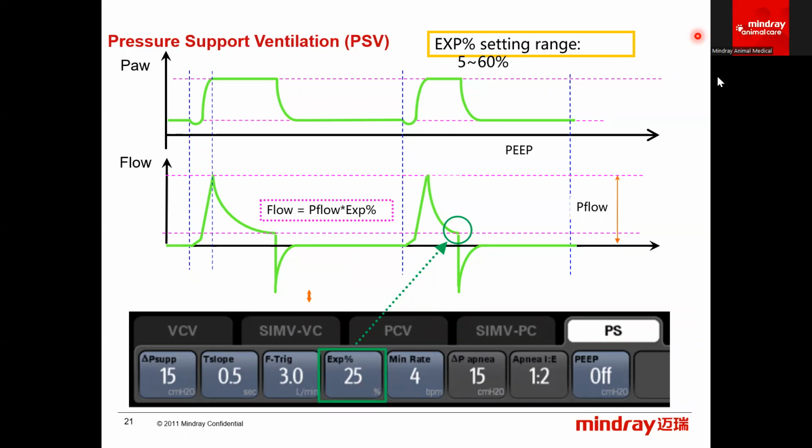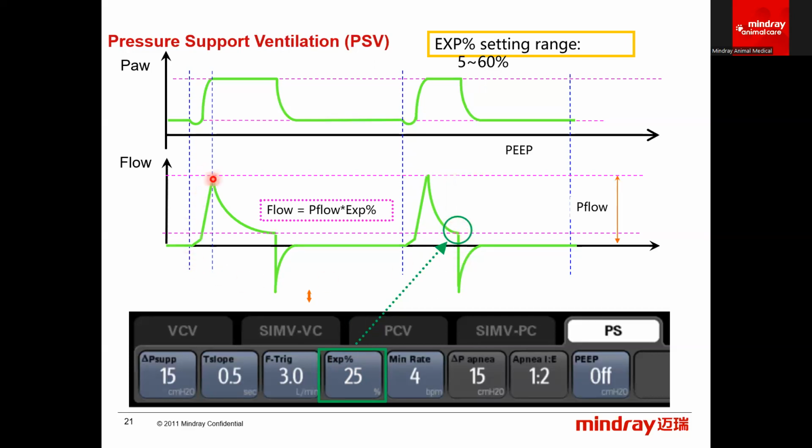And as the flow is coming back down, depending on how fast it was in the first place, once it reaches 25% of that peak flow rate, that is when we've determined that this is a good point to say that our patient is probably ready to exhale. So once it reaches that 25%, they'll exhale.